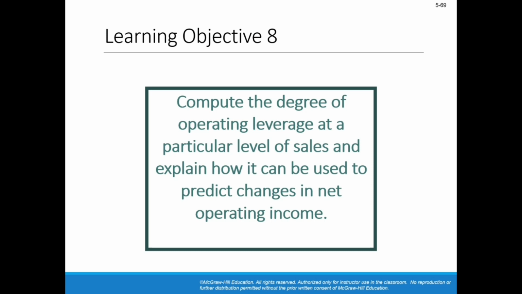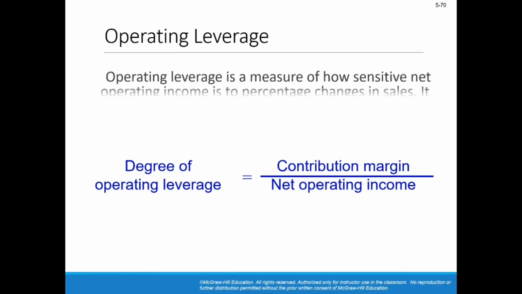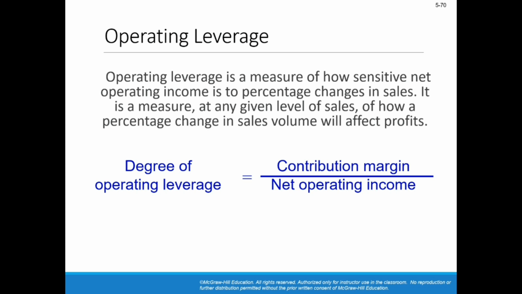The last learning objective is the degree of operating leverage. Leverage, the simple meaning of leverage, is anything that lifts your profit. The degree of operating leverage is equal to the CM divided by your net operating income. And this is usually a multiplier.